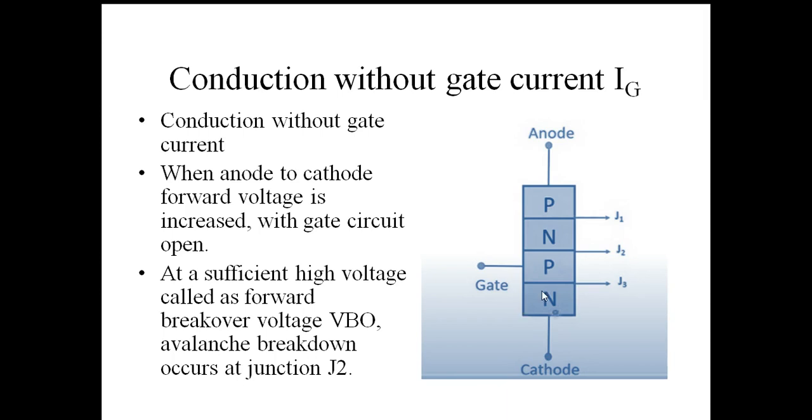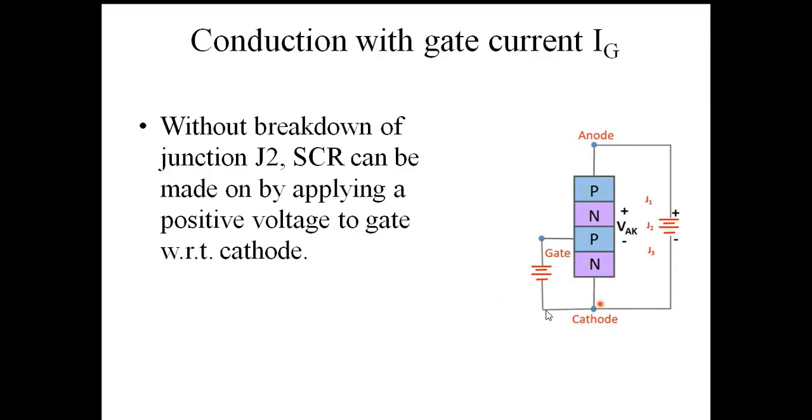The condition to be satisfied for conduction is that all the junctions J1, J2, J3 have to be in conduction. So we apply a sufficient forward voltage such that junction J2 breaks down and conduction from anode to cathode takes place.